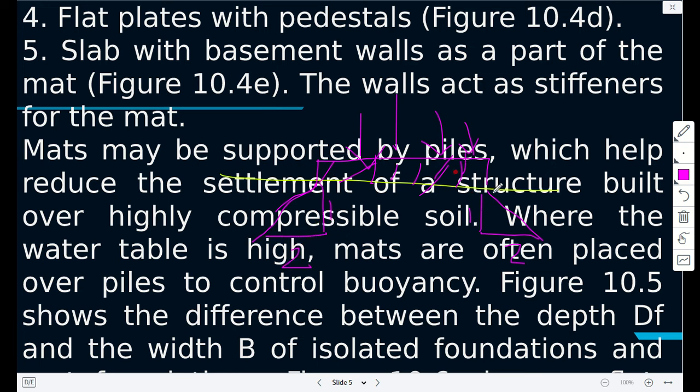So in a nutshell, this load will be transferred over an area. If this area is L1 and this is L2, you can see L2 is larger than L1. So that's the idea, so that the structure is stiff and it can transfer the load over a larger area.